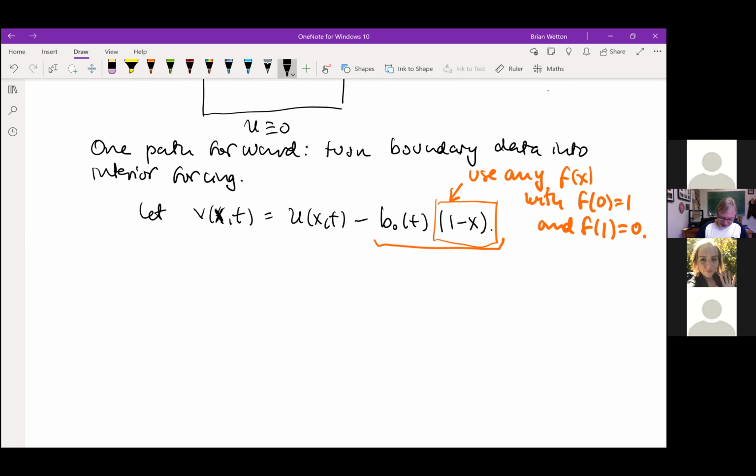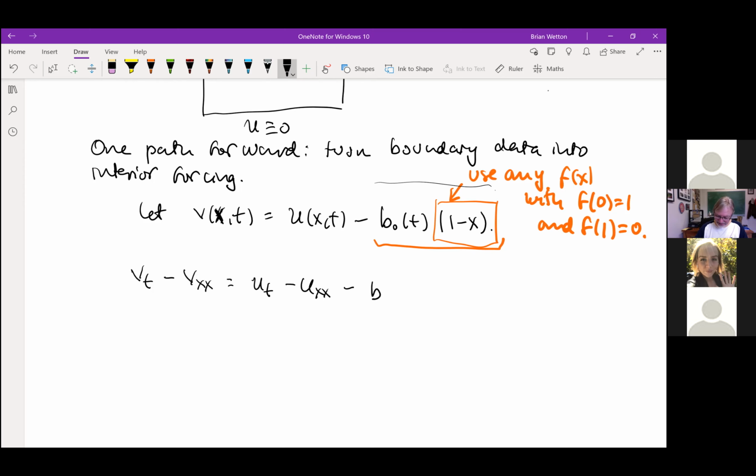So now if I look at the equation that V satisfies, right? I've just added some stuff, so I know it's going to satisfy the heat equation with a right-hand side forcing term. Let's look at what that is. Well, that's ut minus uxx. And now I've got to subtract the time derivative of this minus the second space derivative of this. But like I said, that term is not zero.